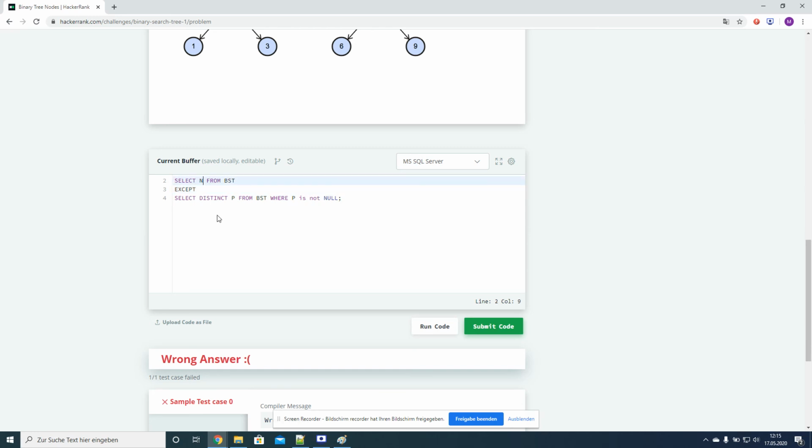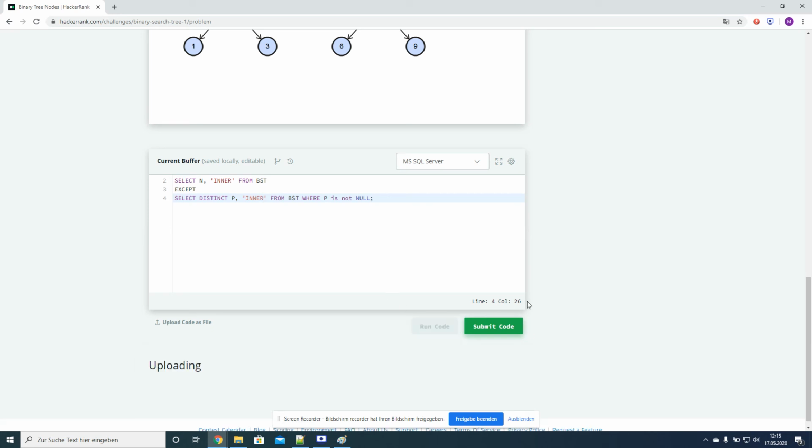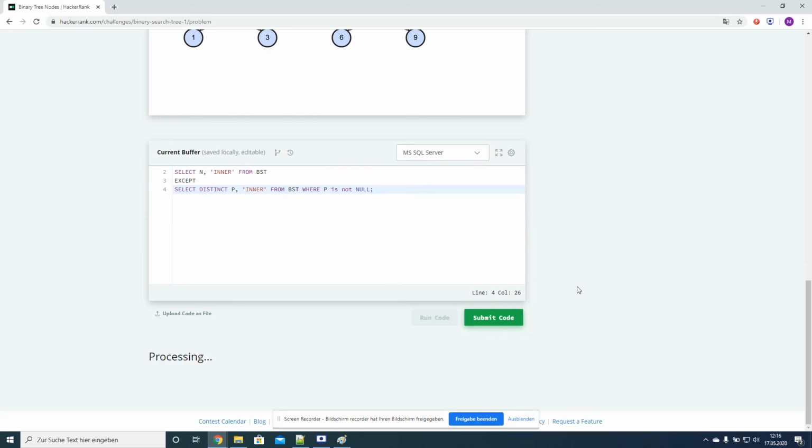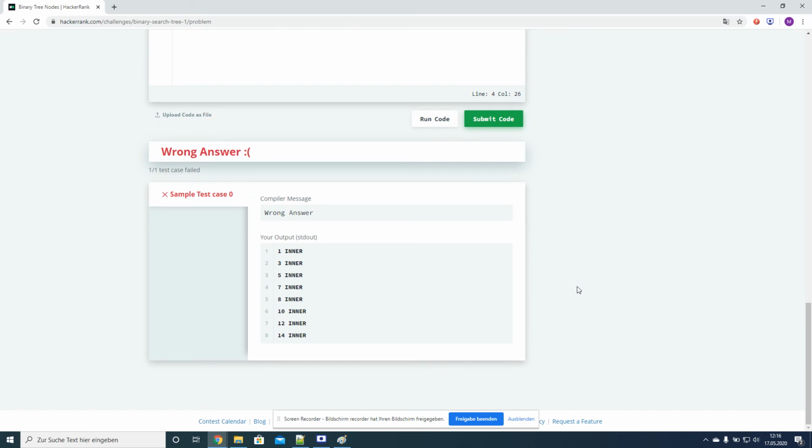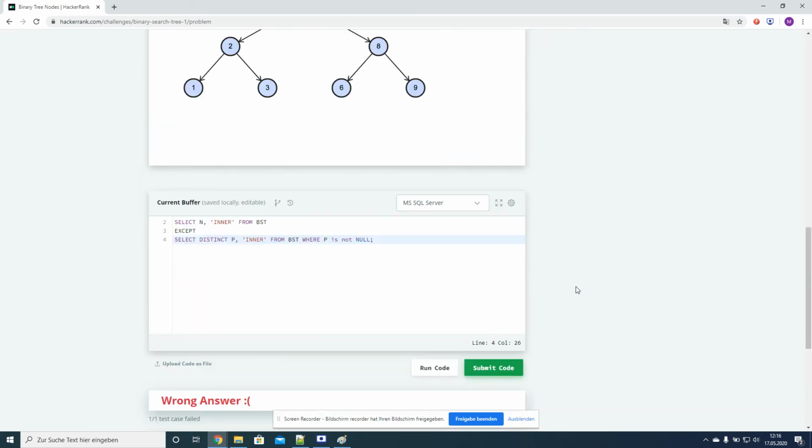How can we write inner now? Inner. Yep, that looks right. Actually, we should not write everything in big brackets. We write it like this, yes.